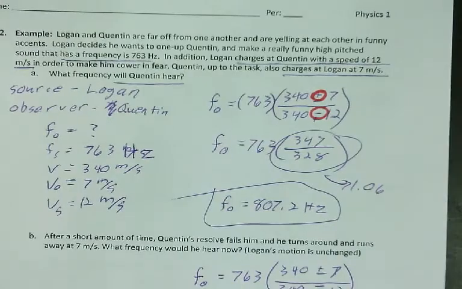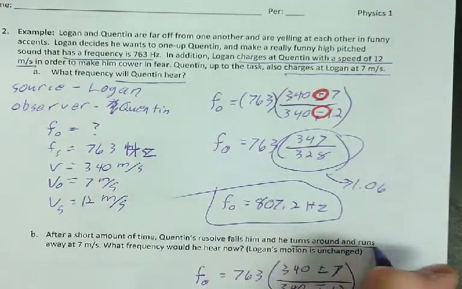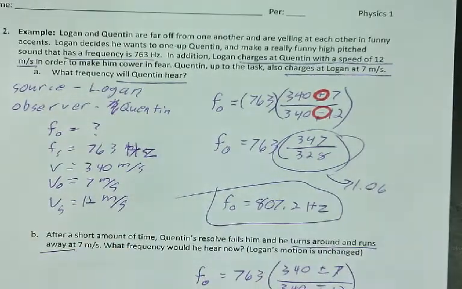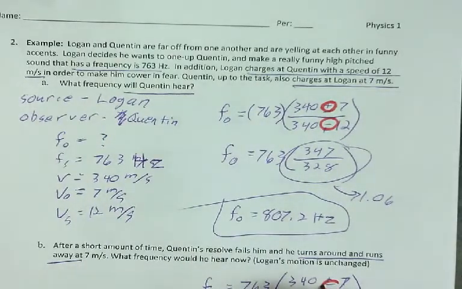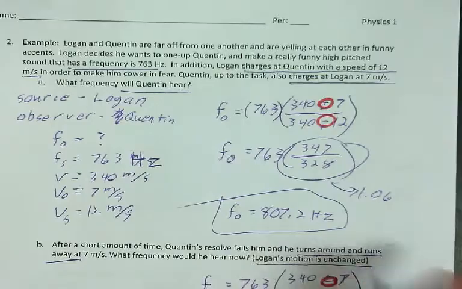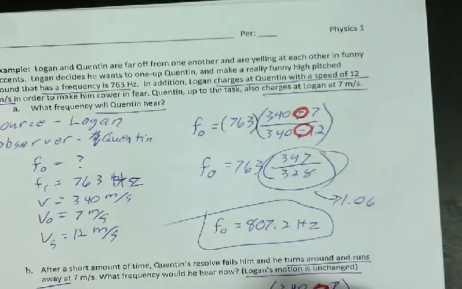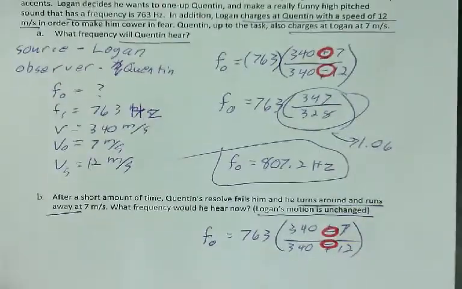So what does change is the direction. So I ask myself, okay, is Quentin still going towards? No. He turns around and runs away. So I need to pick the bottom sign for Quentin, which is minus. However, Logan, his motion is unchanged. So he is still going towards, which is the top sign, which happens to be a minus.